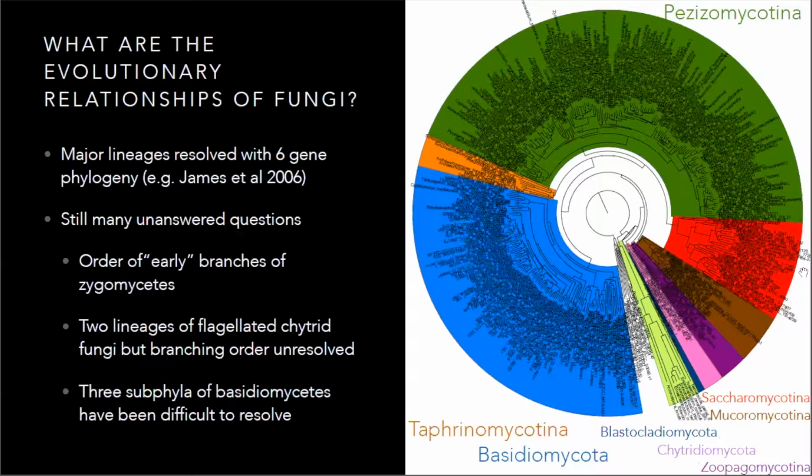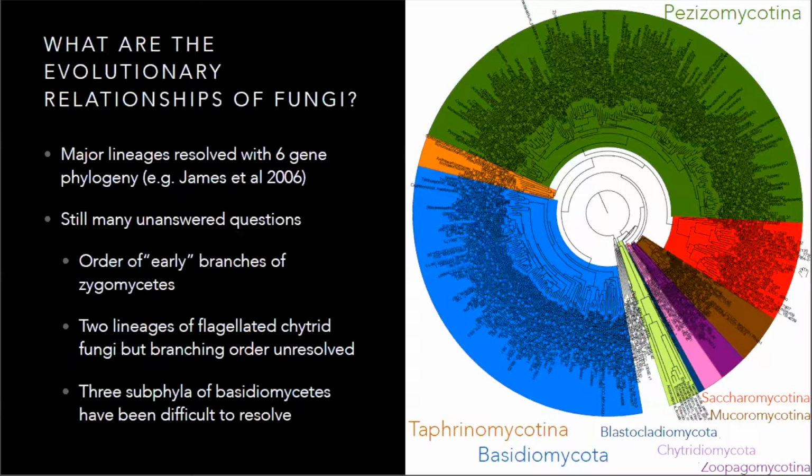Some of the places where we don't know the answer relate to what we might call early branches, or at least the lineages that were less appreciated in the past, such as the zygomycete fungi and the flagellated chytrid fungi, where the order of the branchings has been unresolved. Even within well-studied groups like the Basidiomycetes, which include mushrooms but also smuts and rusts, some relationships are unresolved, even with large sampling and gene sets.